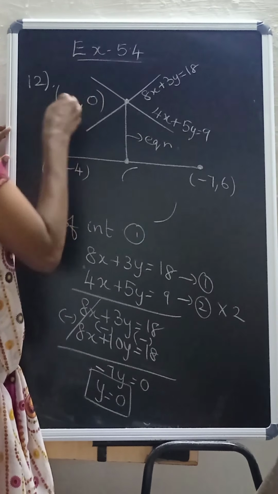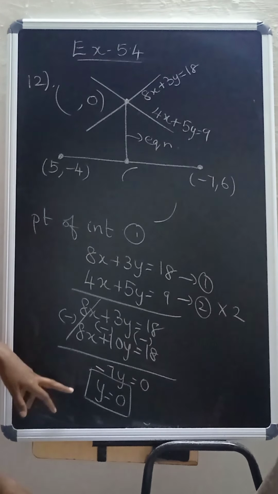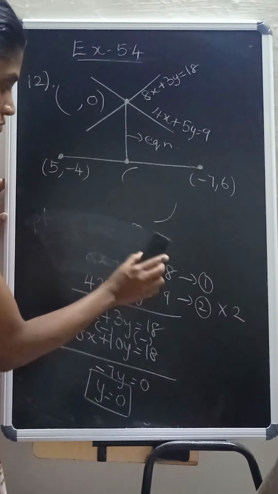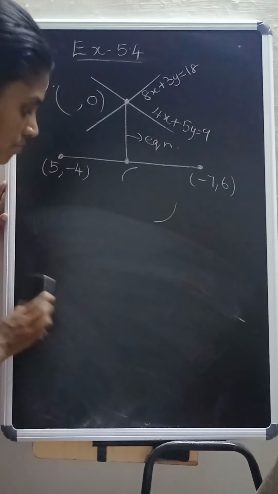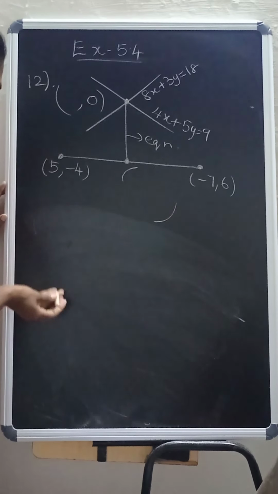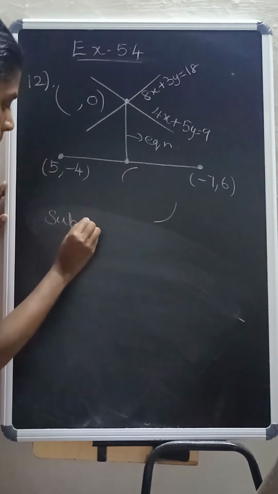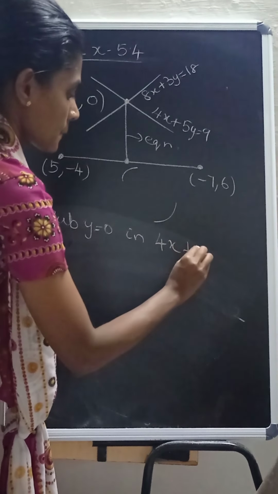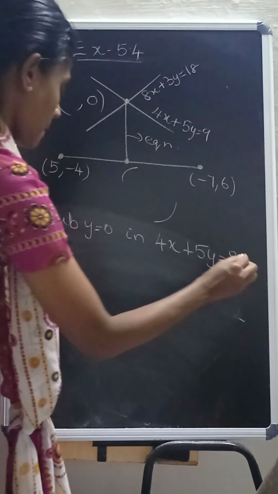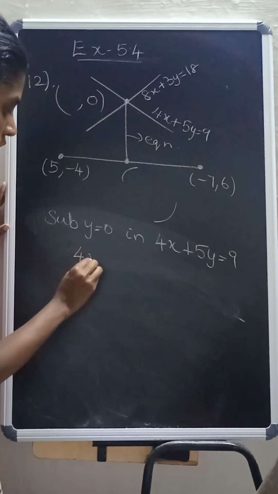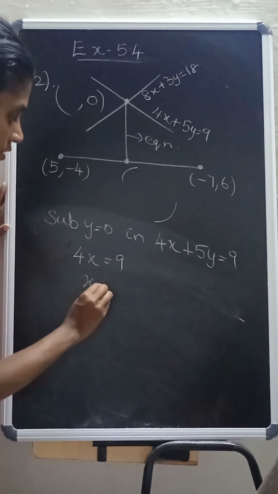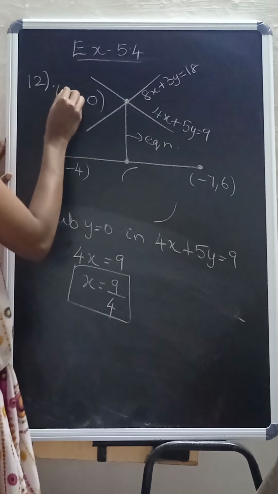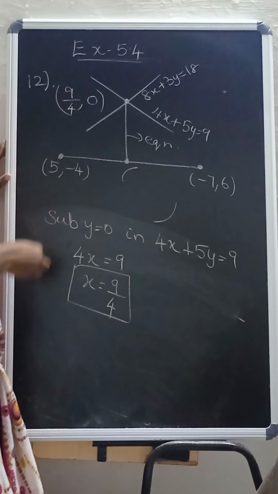Now substitute y is equal to 0 in any one equation. Therefore x is equal to 9 by 4. So the point of intersection is 9 by 4 comma 0.